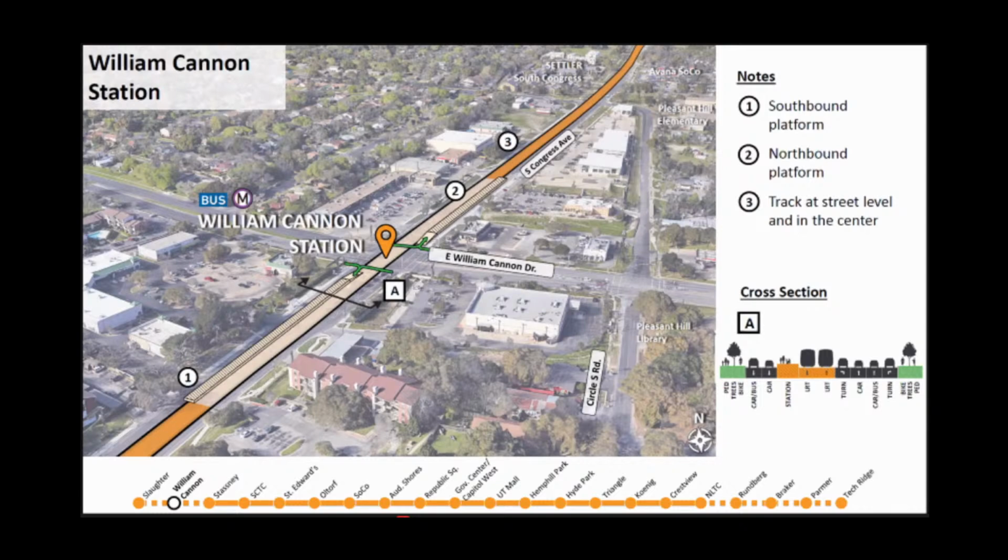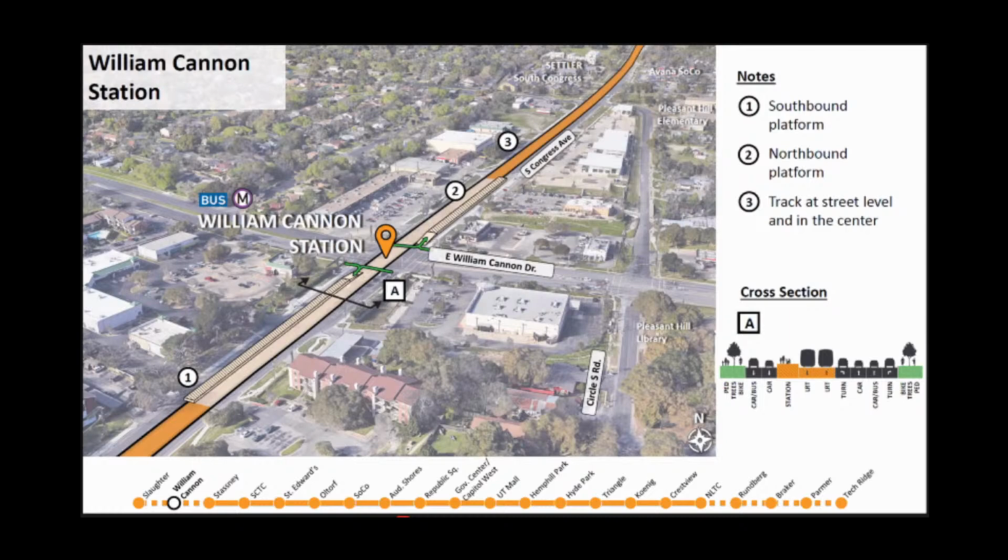The platforms are served by two different directions of train traffic. The platform on the north side of the intersection is served by northbound traffic, and the platform on the south side is served by southbound traffic. The trains do not cross between the platforms. This is true of all of the split platform stations you'll see throughout this presentation.